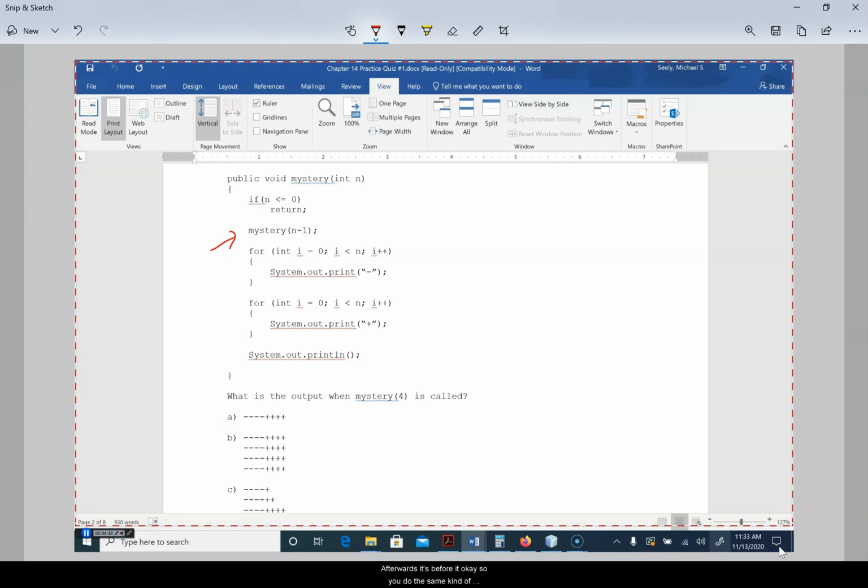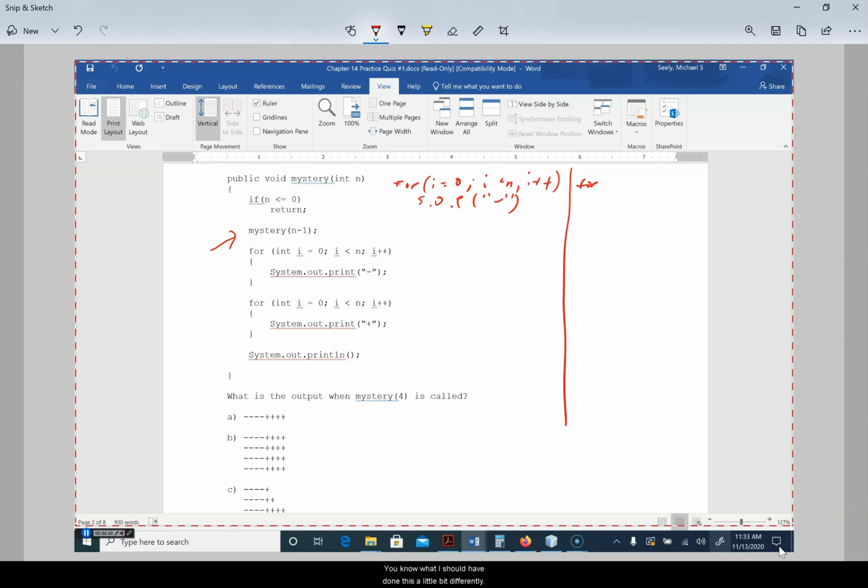So you do the same kind of thing where n is 4, and you've got i equals 0, i is less than n, i plus plus. And then you got your s.o.p with a dash, and then here you got your for loop.